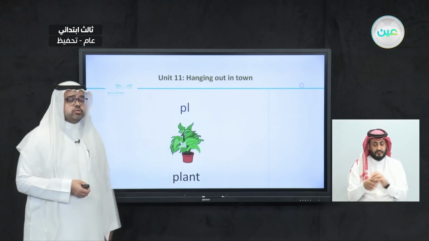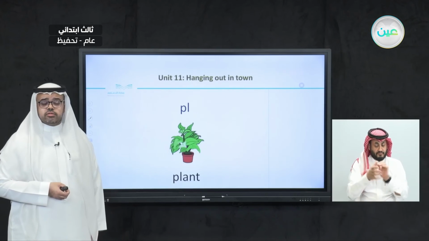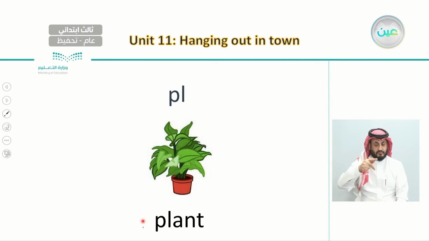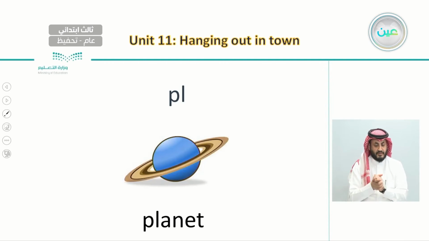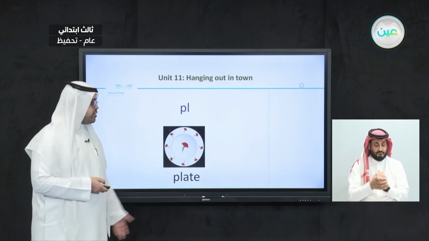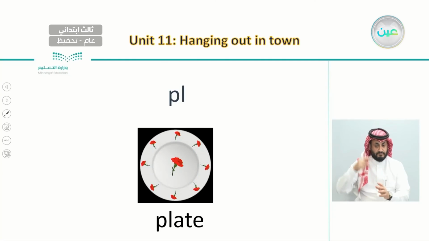The first blend we have here is the blend that starts with P and L, which is plant. Plant. And the second word we have for this blend is planet. Planet. And the third word we have with this blend is plate.